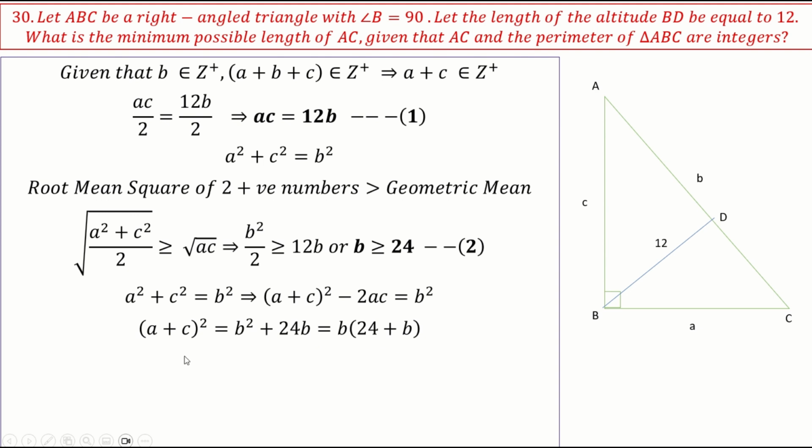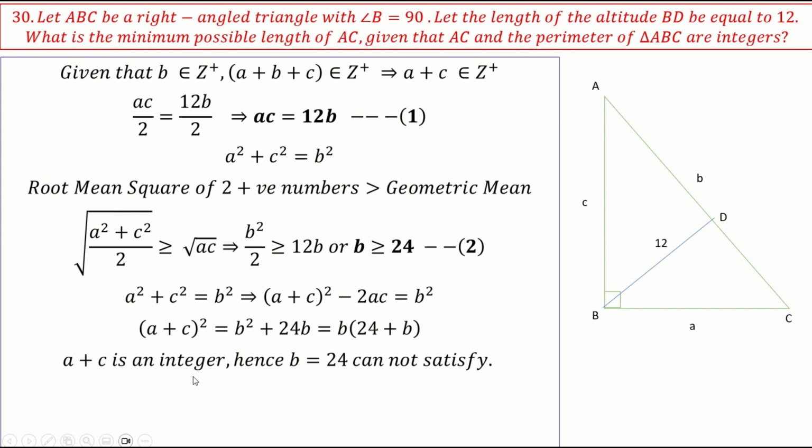If I consider this as one single number, then the square of a number is equal to B into 24 plus B, which means I should find B such that B is a perfect square and 24 plus B is also a perfect square, right? Only then it is possible, because all are integers we are dealing with.